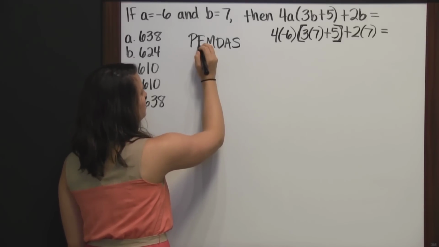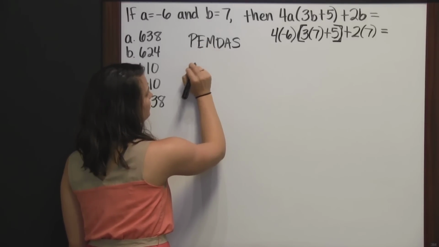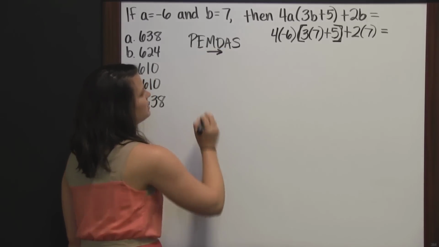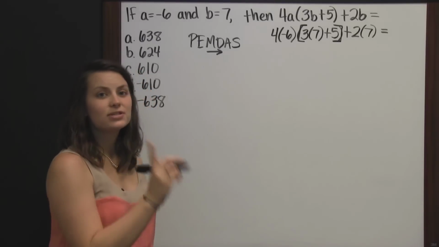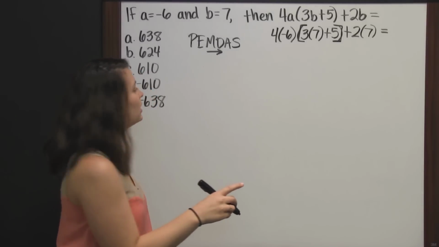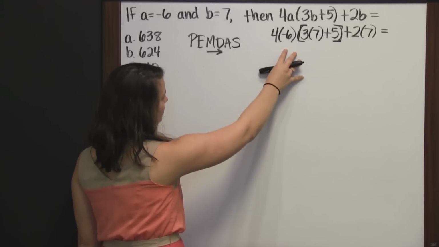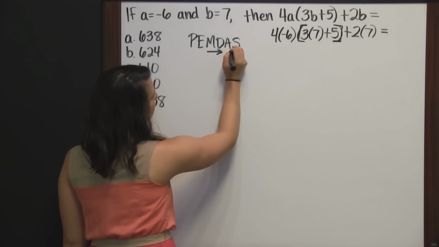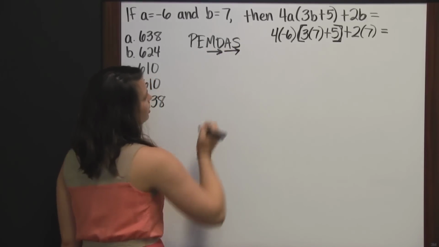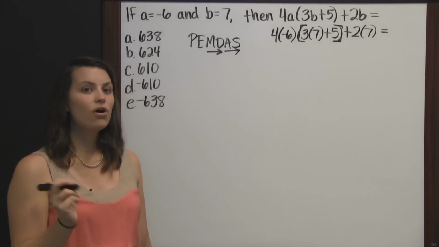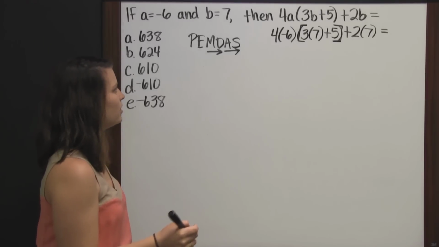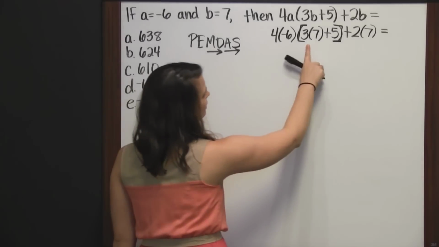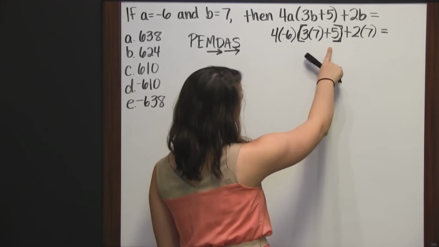Then we would simplify any terms with exponents next, followed by simplifying our multiplication and division operations from left to right in our expression. So just whichever one occurs first in our expression from left to right. And finally, we would simplify our addition and subtraction operations, also from left to right. So following PEMDAS, we first need to simplify these expressions inside our grouping symbols.